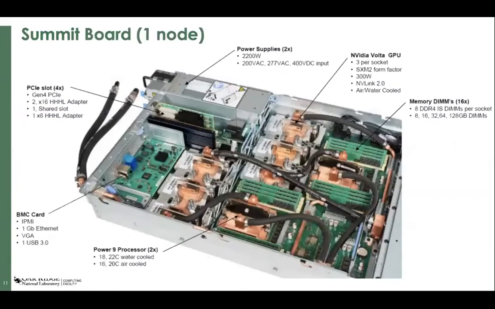So this is what a Summit board, or one node, looks like. It has Power 9 processors and Volta 100 accelerators that are cooled with cold plate technology. The remaining components are cooled through more traditional methods, but both the cold plate and the heat exchanger operate using medium temperature water, which has been more cost effective for the center to maintain than the chilled water that our older system used.